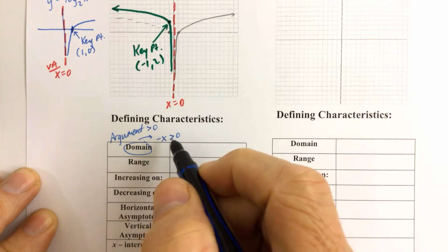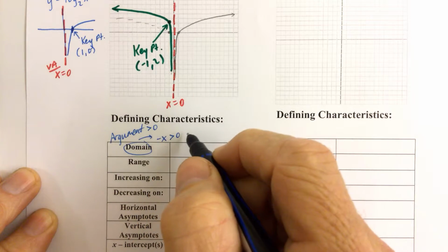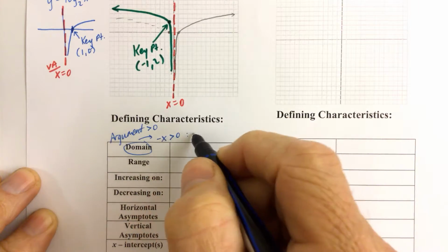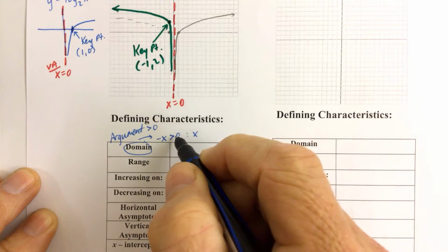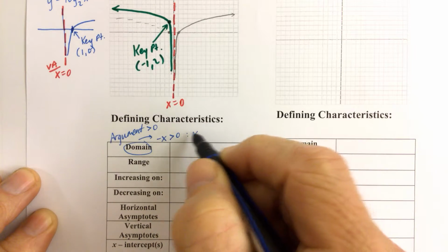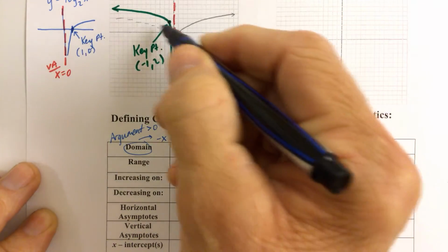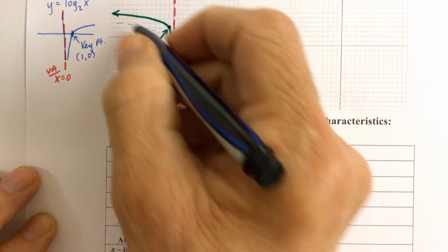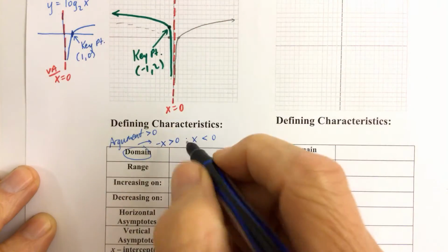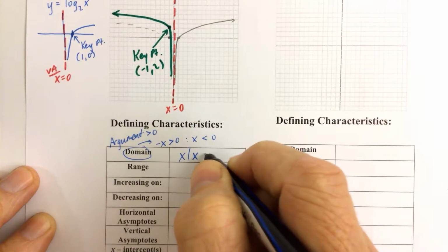If you're doing this algebraically, you would divide both sides by negative 1, and when you divide by a negative, you flip the sign. So x then would have to be less than 0. And we can even just look at the graph. We can see that this graph covers all x values such that x is less than 0.